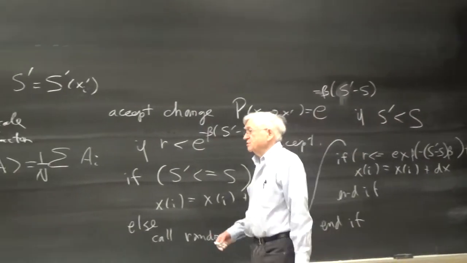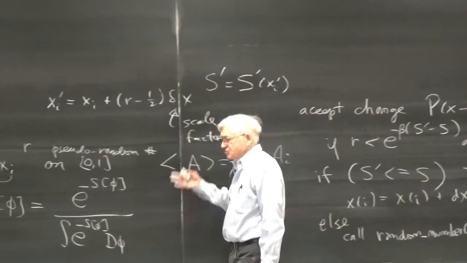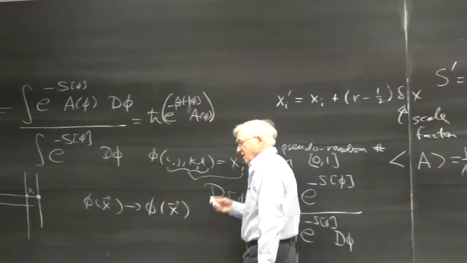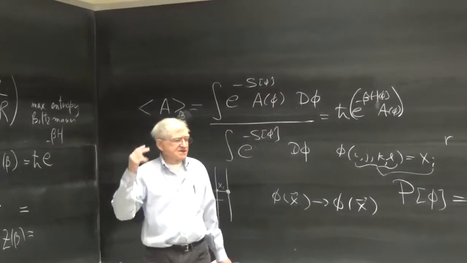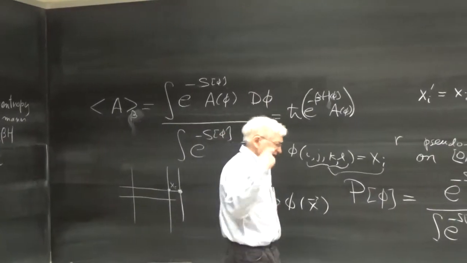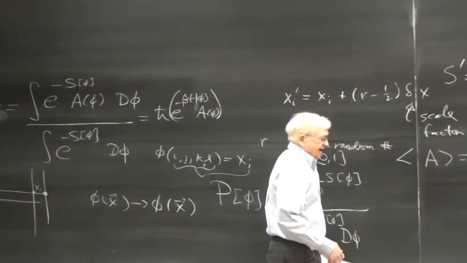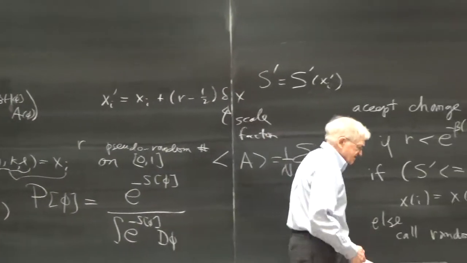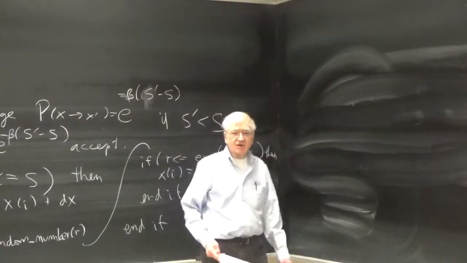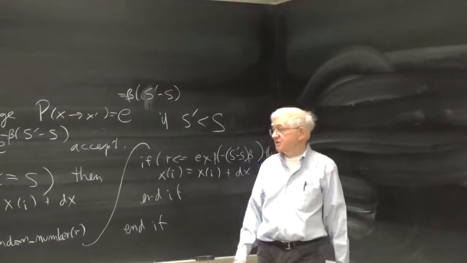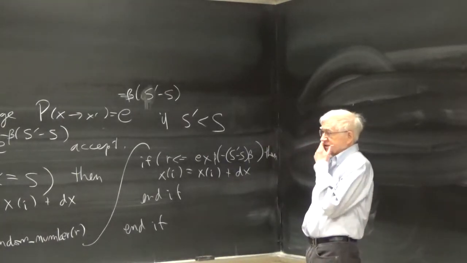And then what you do is you go through the lattice and just run the Metropolis step at every vertex over and over again until you sweep through the whole lattice, and you sweep through the lattice 1,000 times or 1,000,000 times, depending on how fast your computer is and how big your lattice is and how complicated the action is.